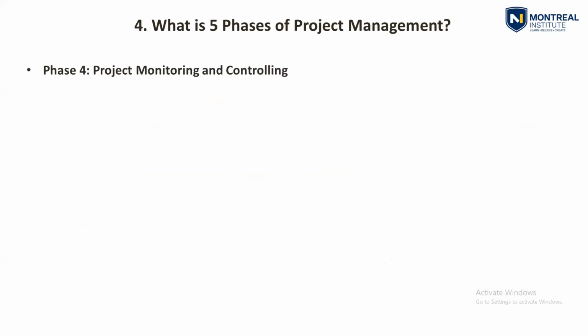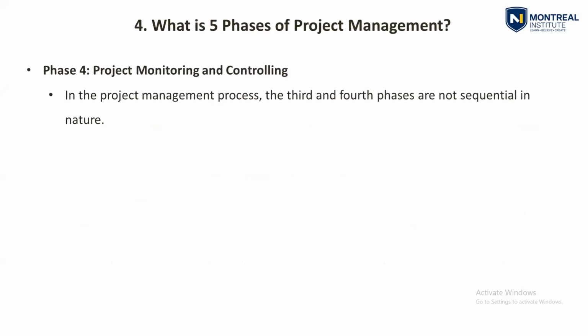Now we are moving on to the project monitoring and controlling stage. In the project management process, the third and fourth phases are not sequential in nature. As I told you, it can be finish to start, meaning the execution phase finishes and then monitoring and controlling starts.